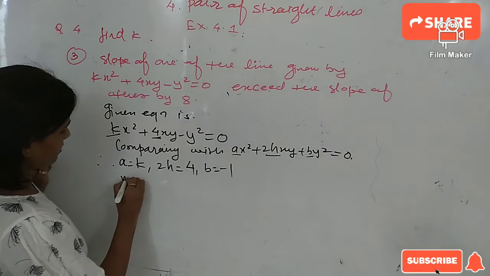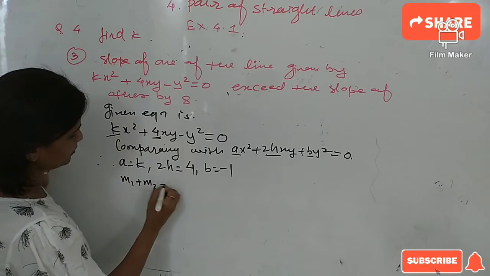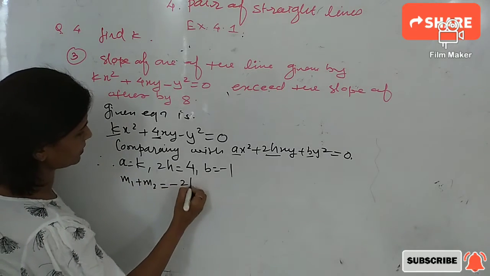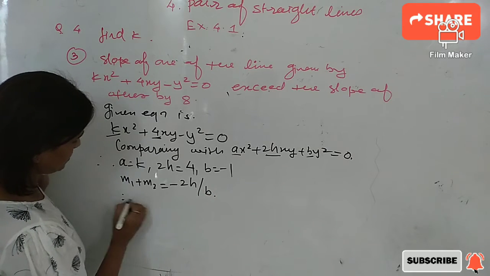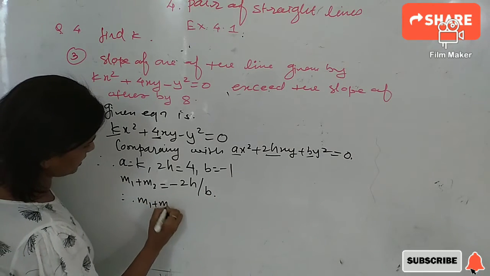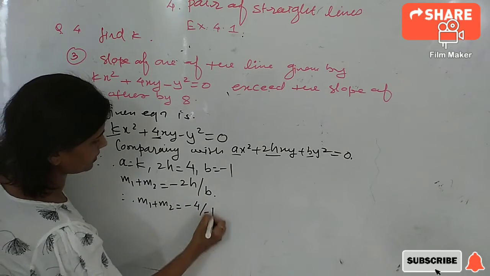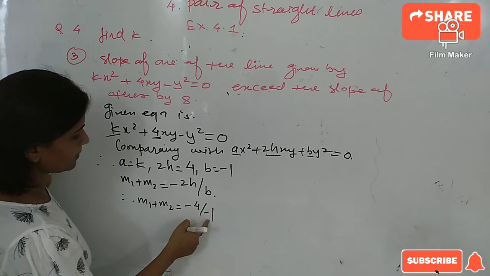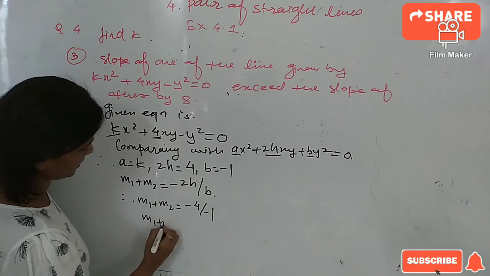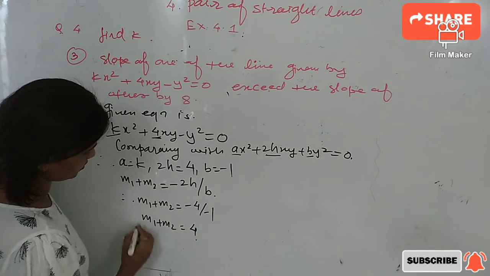Then write the value of m1 plus m2. So m1 plus m2 is minus 2h by b. Therefore m1 plus m2 is equal to minus 4 by minus 1, which means m1 plus m2 is plus 4.